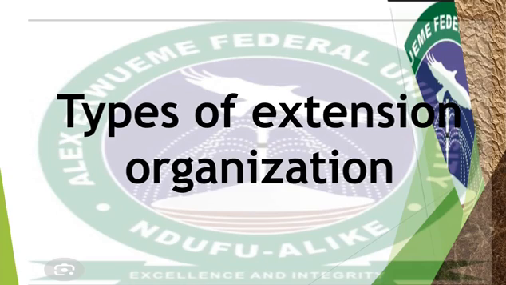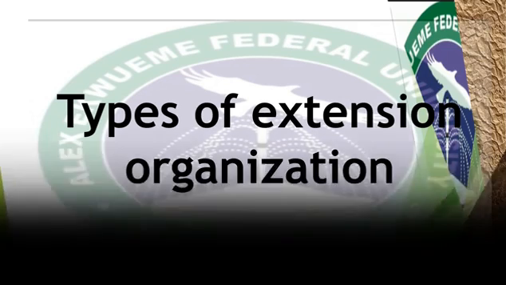In ministry extension services, extension is domiciled in the ministry, usually Ministry of Agriculture and Rural Development, which decides what extension service should focus on. Extension service cannot function outside that which the ministry must have approved.